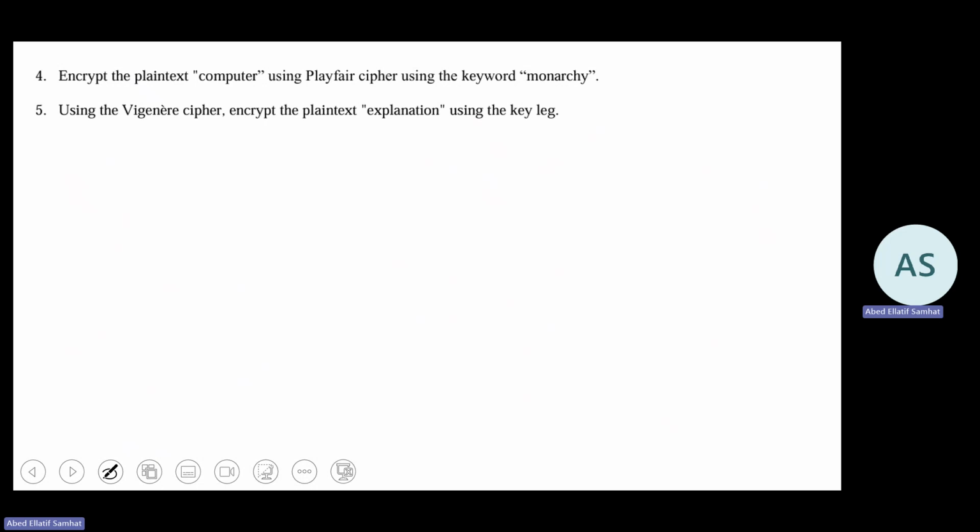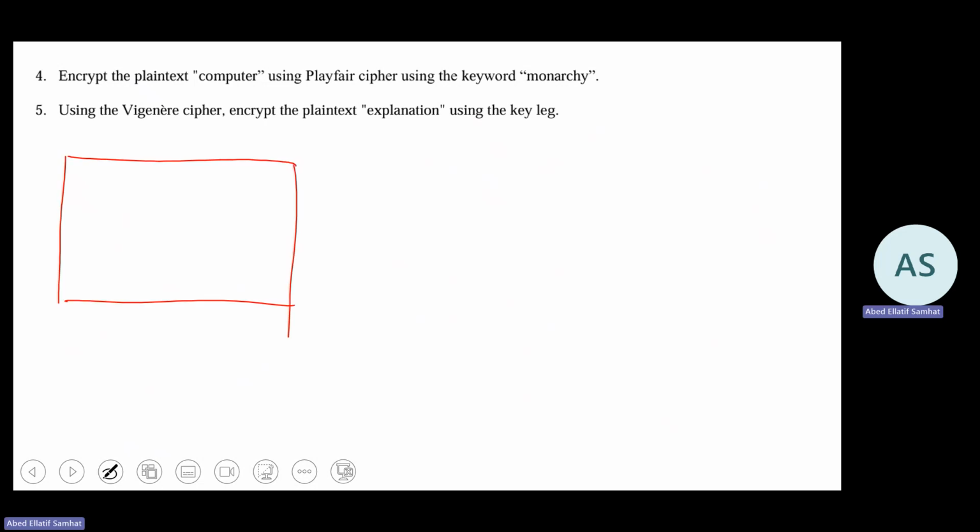Let's move to exercise 4. Here we want to encrypt the plain text computer using the Playfair cipher with the key monarchy. Remember, we did this during the course explanation.